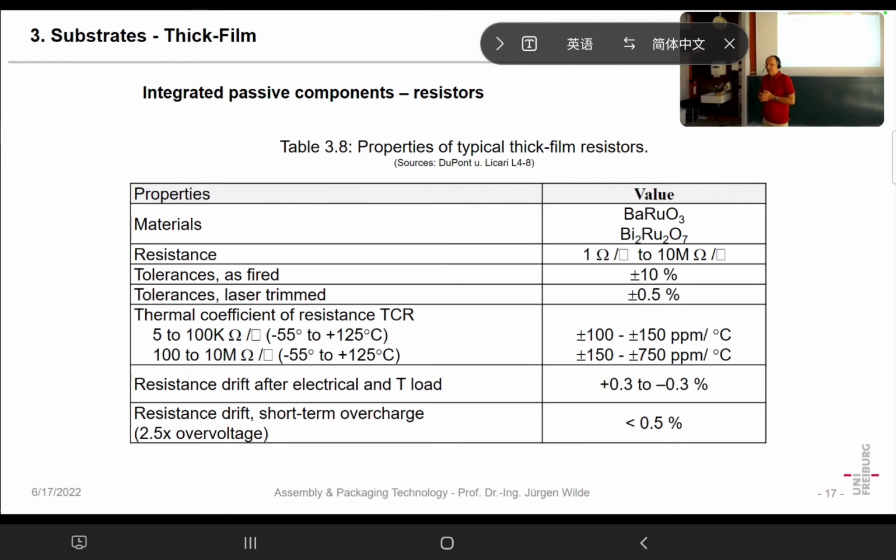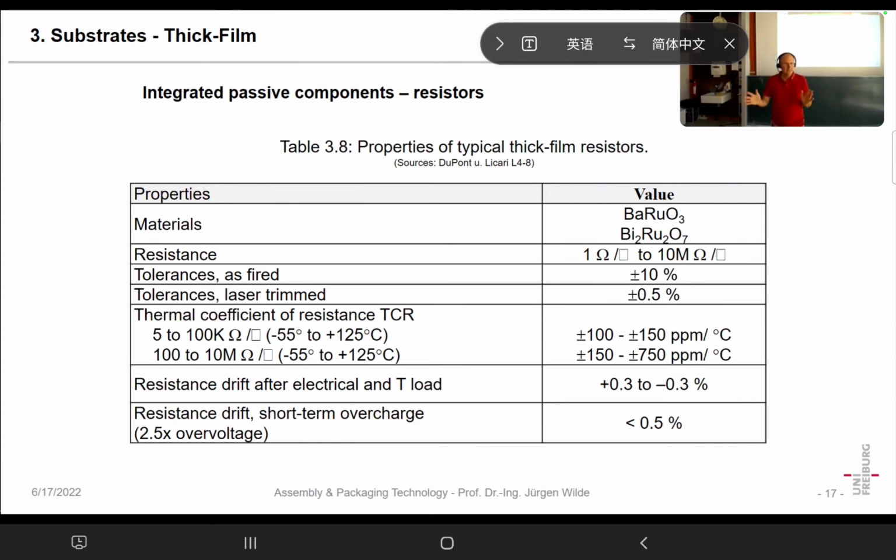And in that way, that's not so easy, but material science people found out that we can have some mixed oxides like barium ruthenium oxide or bismuth ruthenium oxide. And these materials have a behavior a little like a semiconductor, a little like a metal, and these effects compensate.